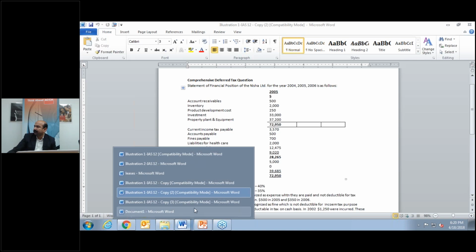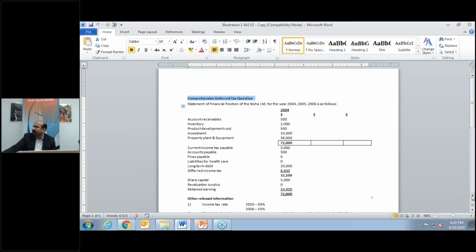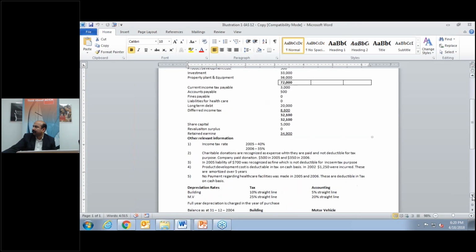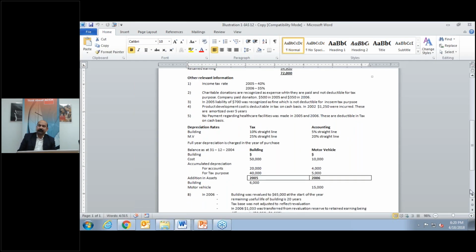Yes, it will be here. That was 2005 in fact. Okay, so this is the information. Income tax rate 2004, you can take 40%. Mean income tax rate for both here as 40%.